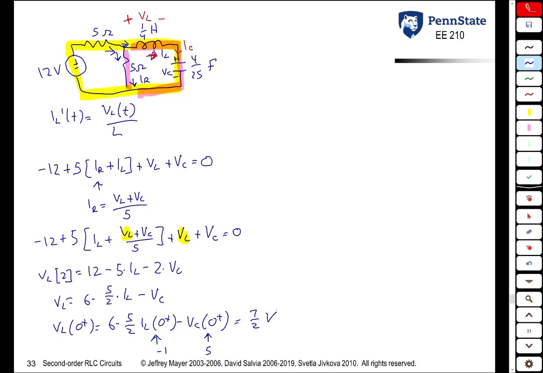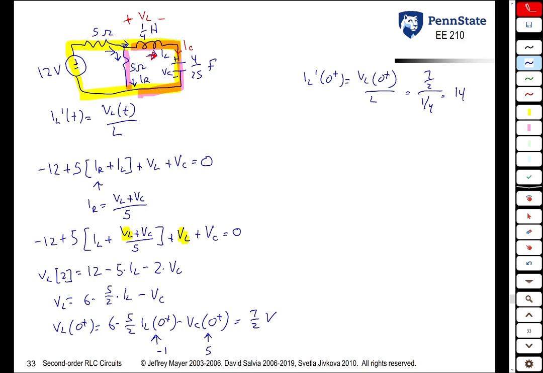Finally, IL prime of 0 plus is VL of 0 plus all over L, which is going to be 7/2 of a volt divided by 1/4 of a Henry, or 14.